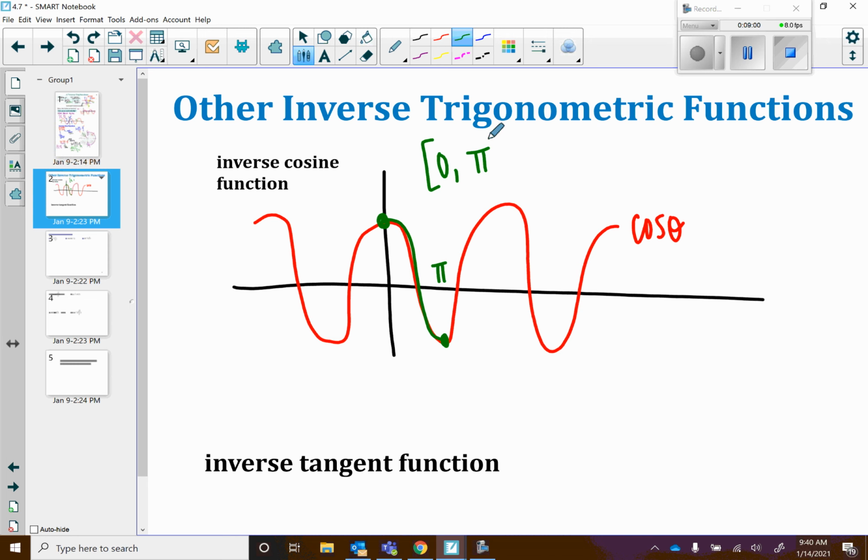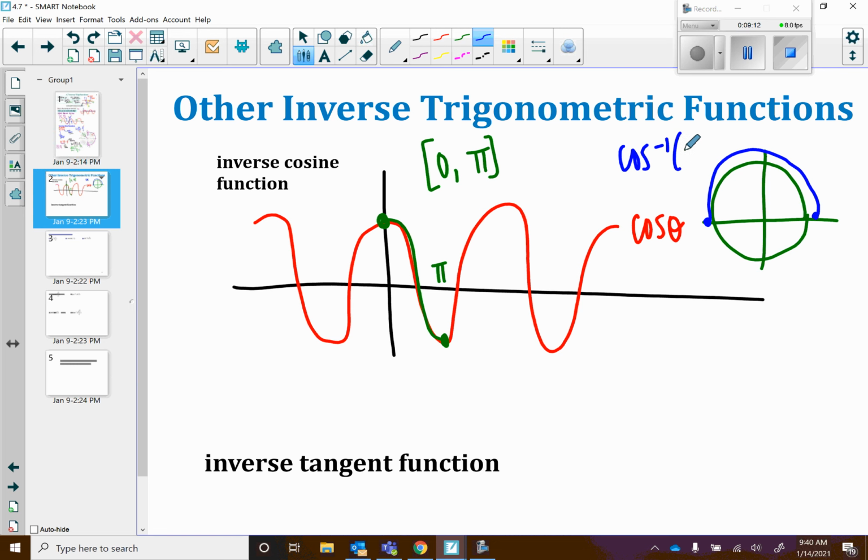Cosine inverse only lives on the interval from 0 to pi. If you think about our unit circle, 0 is right here, pi is over here. Cosine inverse only exists on that interval in the upper half. We are going to restrict our domain from 0 to pi.